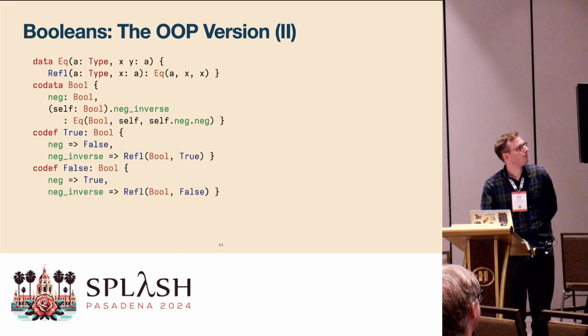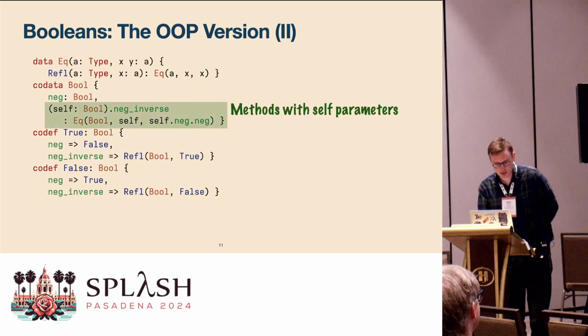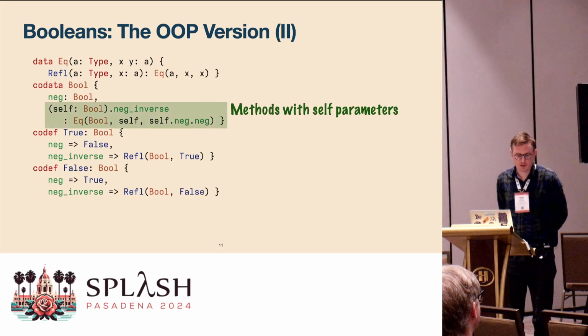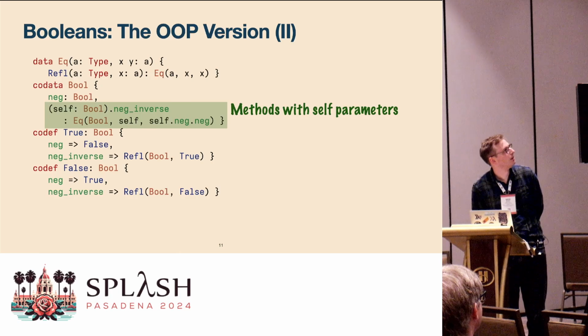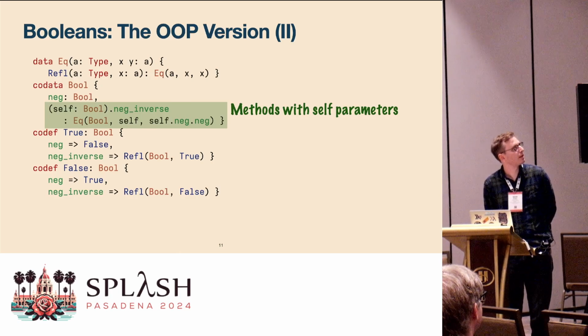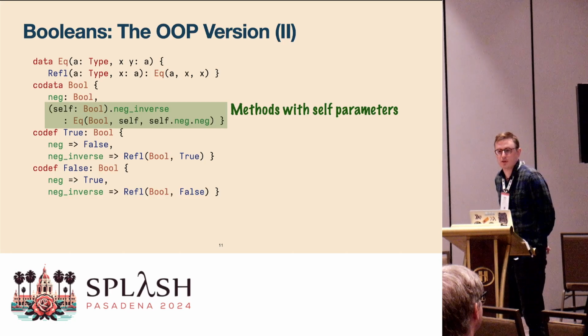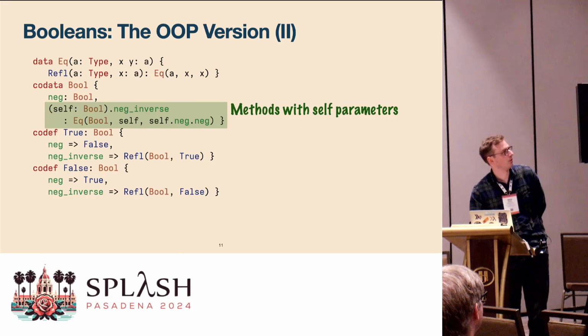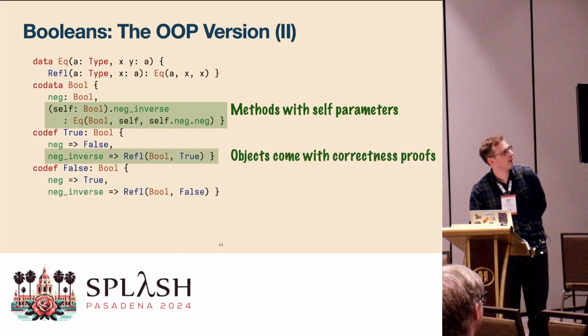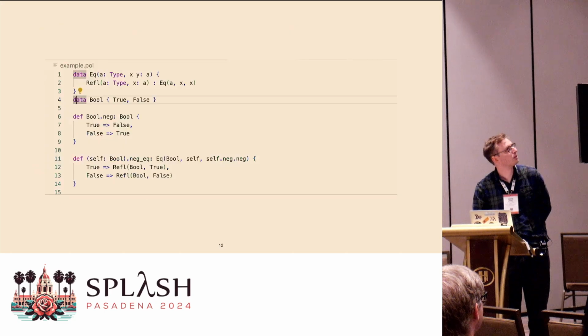If we refunctionalize this program, and here we just refunctionalize the bool data type, then we have defined Booleans as a co-data type with the negation method and an additional proof that every object which implements this interface also has to come with a certificate that the implementation of negation is true. Yes, so every object comes with its correctness proofs.